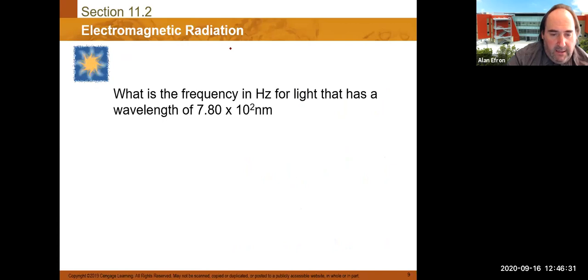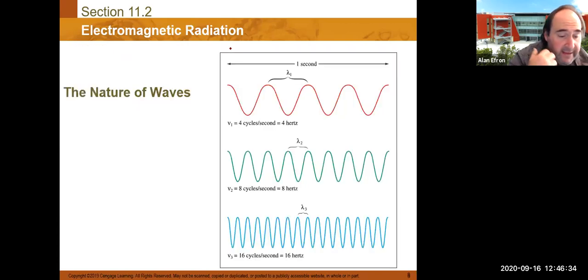Now, when we talk about waves and sort of energy, as I mentioned before, there is a relationship between the wavelength and energy and frequency. If we have a longer wavelength, we have a lower frequency, and that usually results in lower energy.